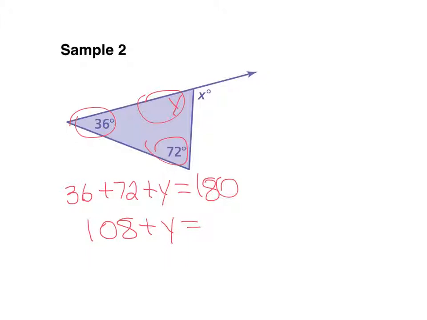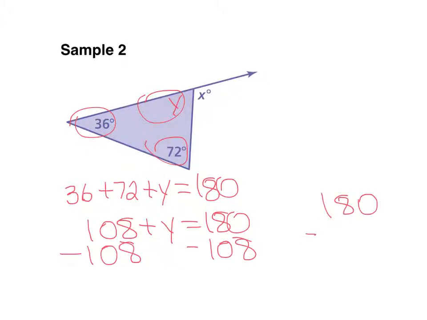So 108 plus y equals 180. If I subtract 108 from both sides, 180 minus 108, I've got to borrow, I should get 72. So y is equal to 72.